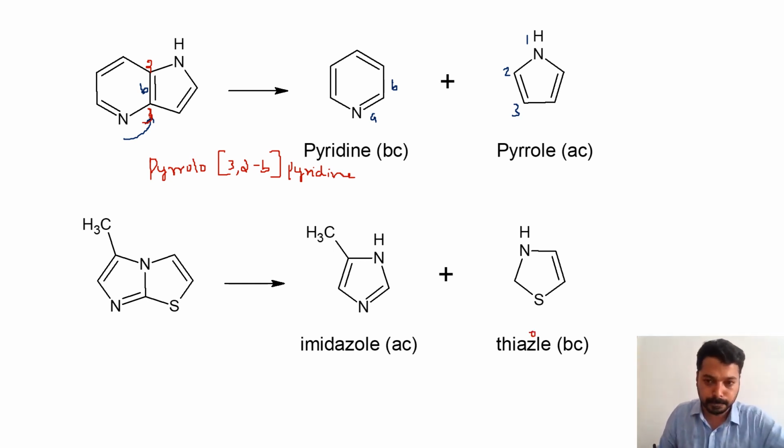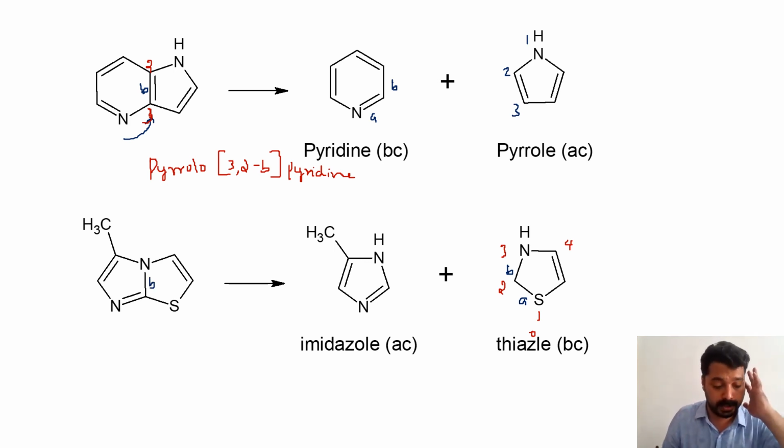So you can give the numbering, because numbering for sulfur comes first: 1, 2, 3, 4. If you write the alphabet, this will be A, this will be B. So the fused bond is B. This is the bond B.